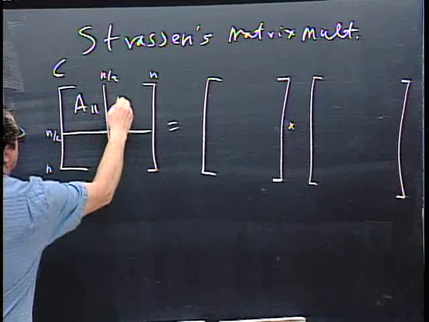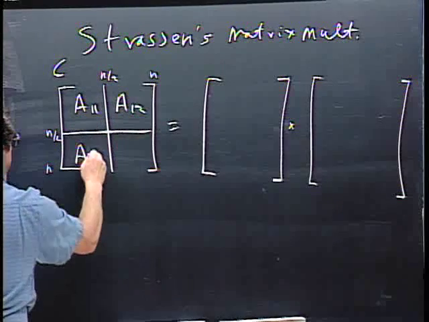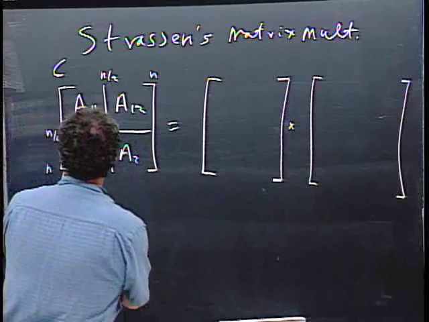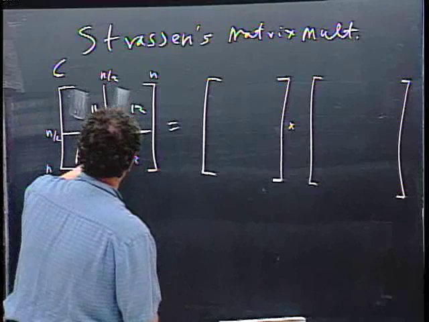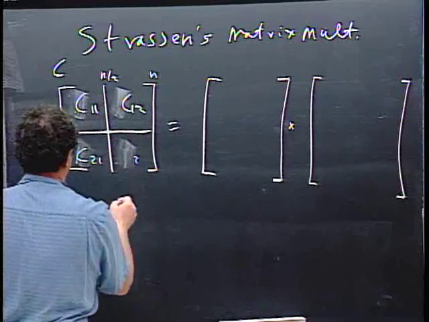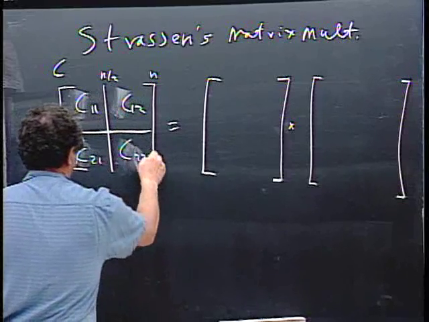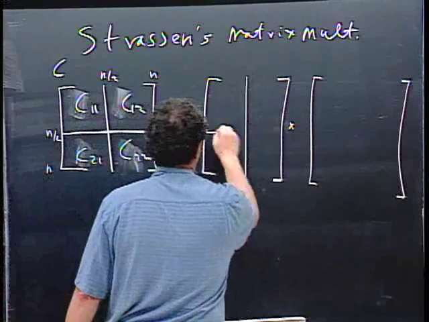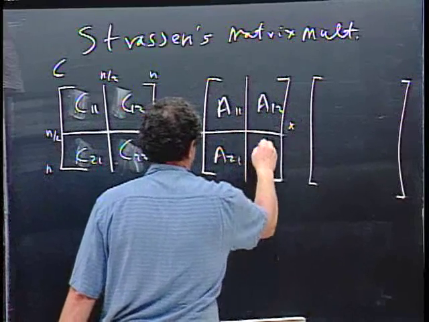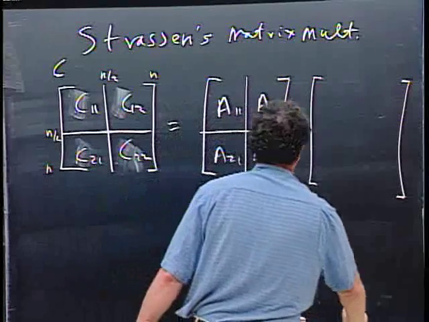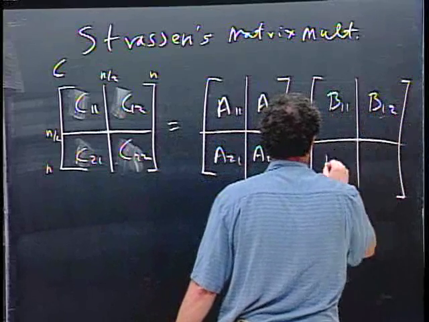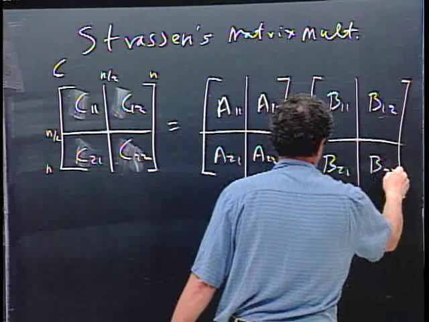we'll call this capital A11, capital A12, capital A21, capital A, oh, I don't want that to be A, excuse me. This is C. This is C11, C12, C21, and C22. Here is A11, A12, A21, A22, and then B11, B12, B21, B22.